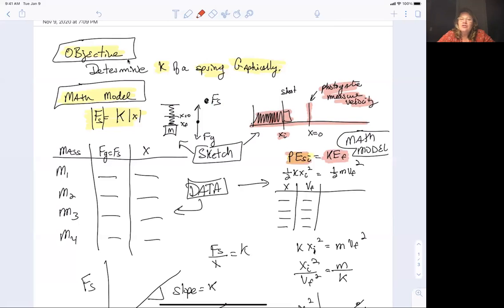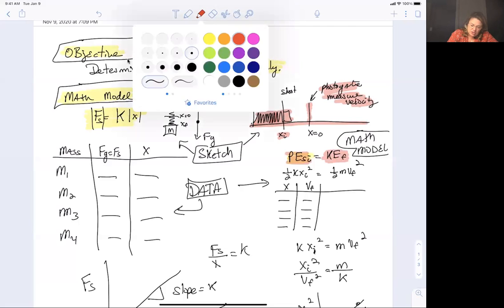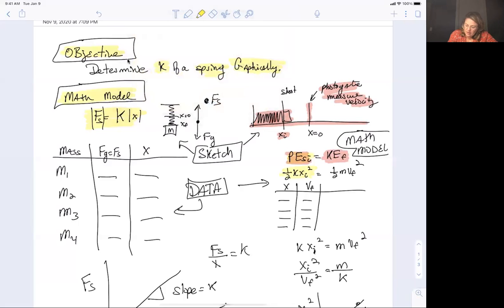So now, if I knew the velocity of the block at the spot where potential energy equals 0, I know the initial potential energy of the spring has to equal the kinetic energy of the block final. And I can then use my definition of those two and develop an equation that relates K to the initial compression of the spring and the final velocity. The 1/2s cancel.